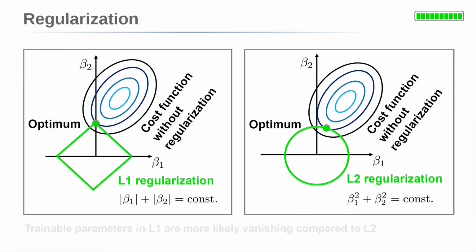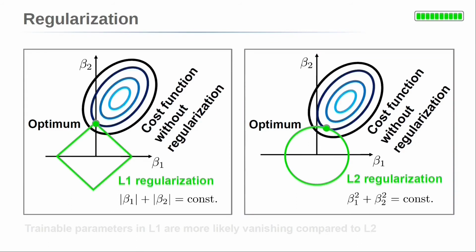More interesting is the difference between L1 and L2 term in regularization. On the left side, we can see the effect of the L1 term. On the right side, the effect of the L2 term is sketched. The contour lines of the cost function without any regularization are shown in black and blue.